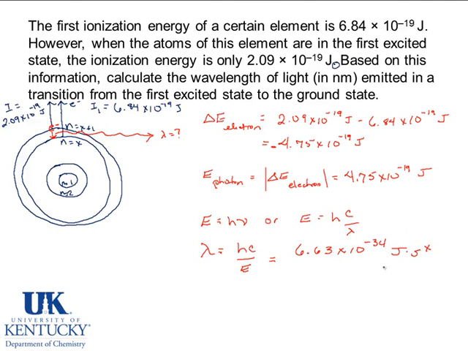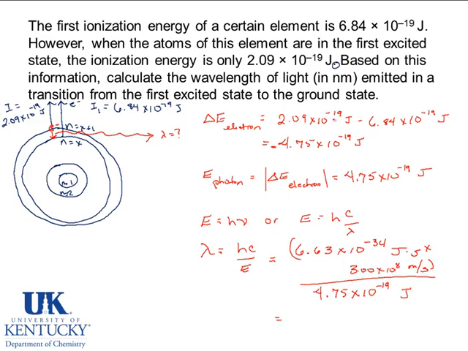We have 3 times 10 to the 8th meters per second for our c. So we're going to multiply those two, and then we're going to divide by our energy, hc over E, and our E was 4.75 times 10 to the minus 19 joules. Our seconds will cancel, our joules will cancel, and we'll be left with meters.